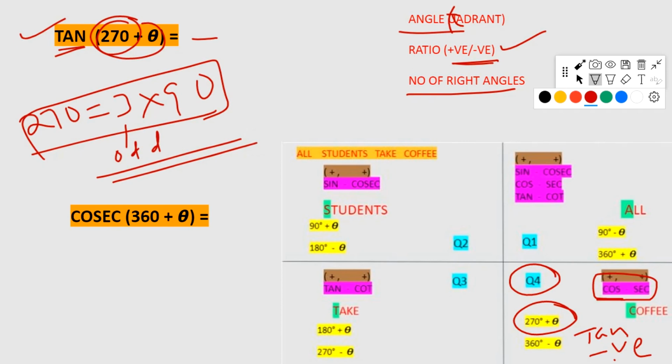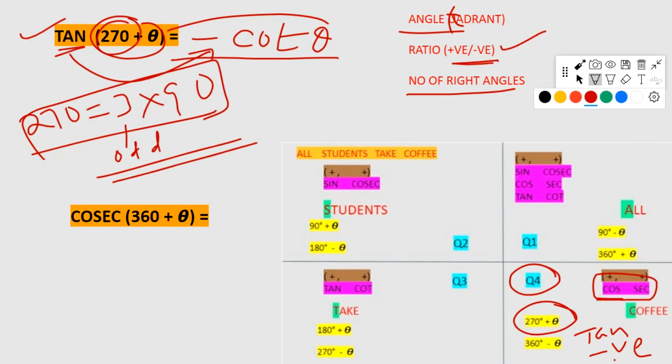Whenever there is an odd number of right angles, the ratio must be changed. So tan changes to cot. Here theta comes to theta. So our answer is minus cot theta.